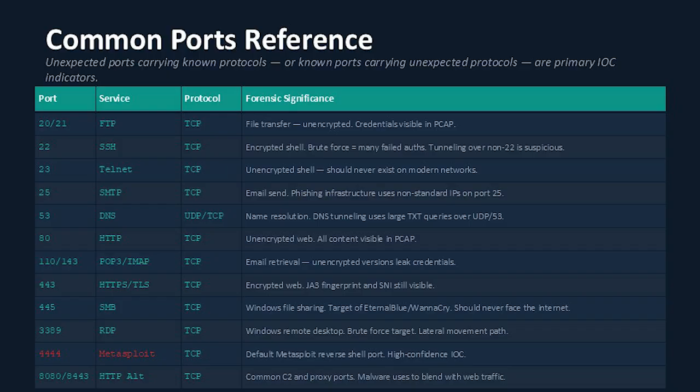That's because anything from port 0 to 1023 is a well-known port, and it is administered by IANA, and it requires administrator or root permissions on a system to actually bind to one of those lower ports.